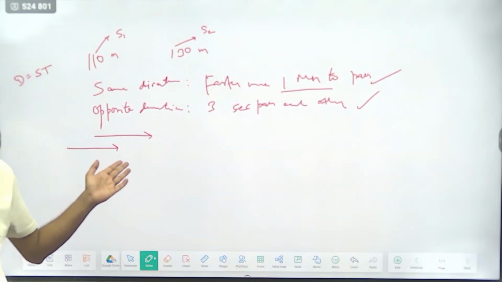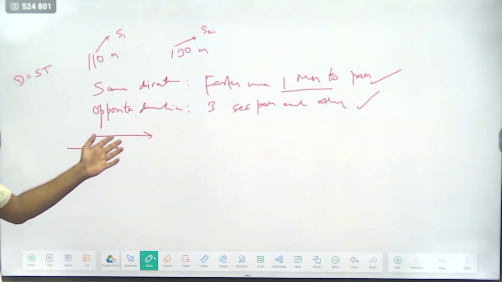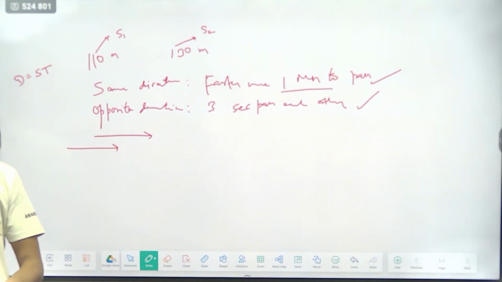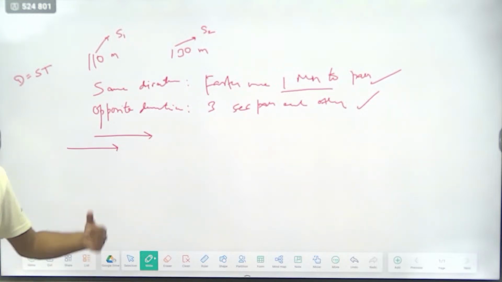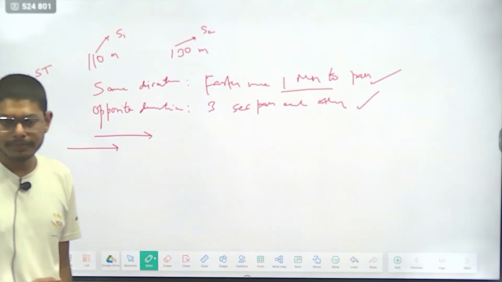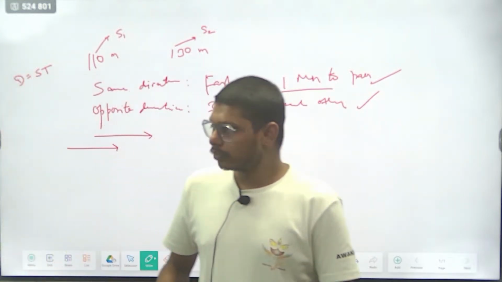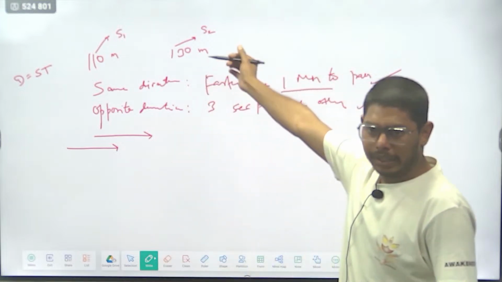They are in the same direction, right? To be able to say that they have crossed each other, how much distance must they have traveled? Only 130.